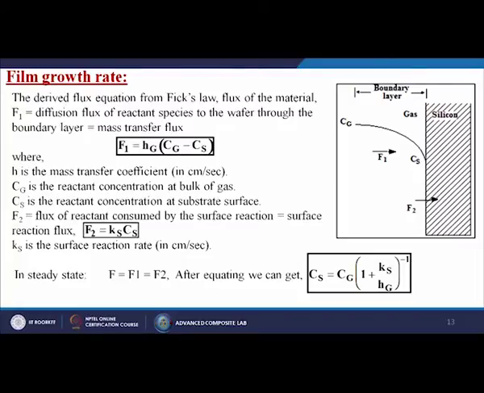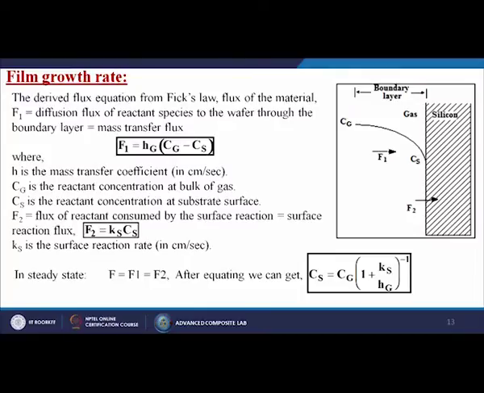So, the famous equation we call Fick's law, that is F1 is equal to Hg in the first bracket Cg minus Cs, where H is the mass transfer coefficient in centimeter per second, Cg is the reactant concentration at the bulk of the gas, Cs is the reactant concentration at the substrate surface.